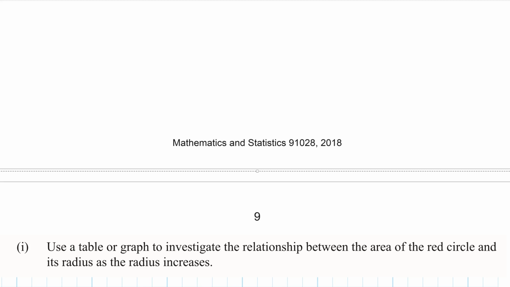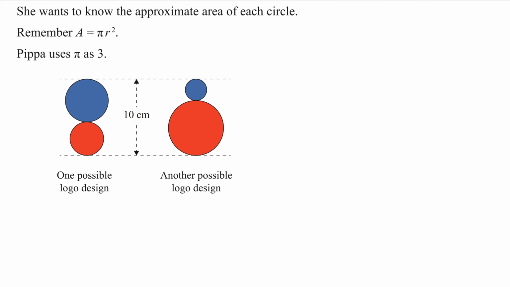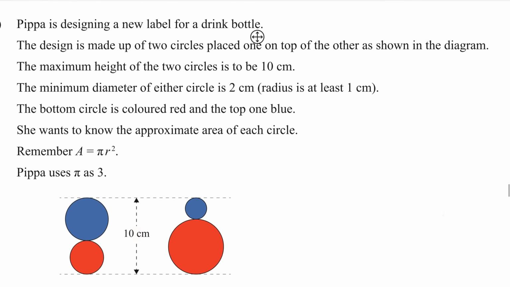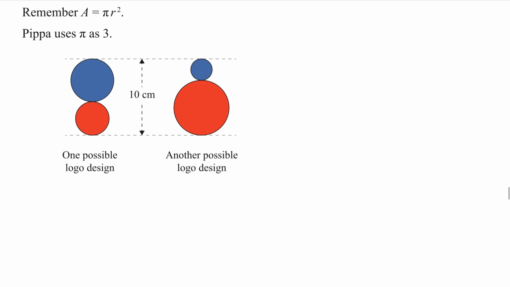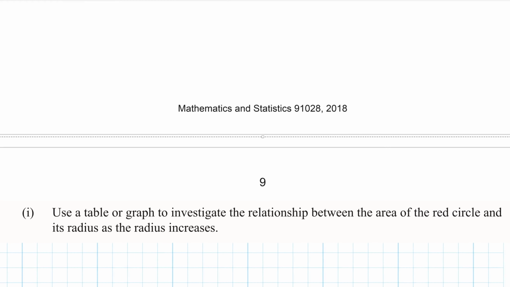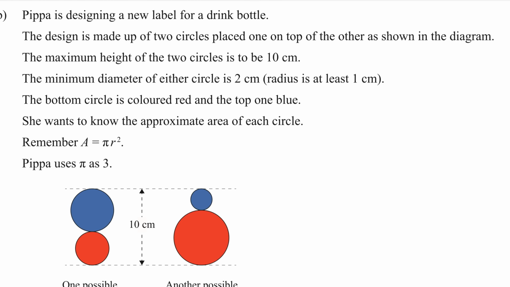Okay, so I'm going to work on the table here just to see if we can fit the area. So we're trying to work out a relationship between the red circle's area and its radius. I'm going to put down first the diameter, the radius, and then the area.